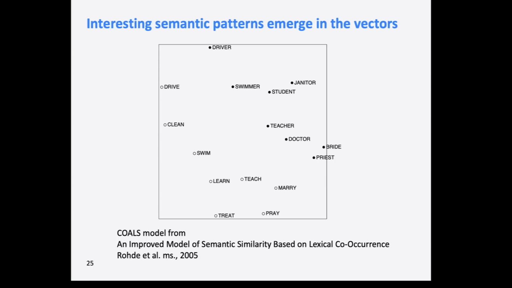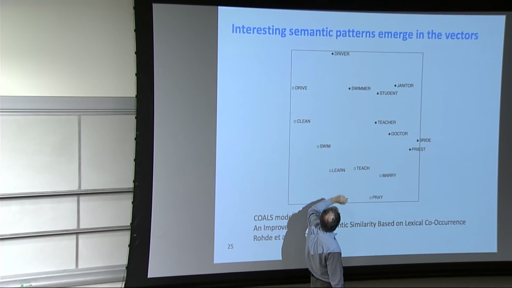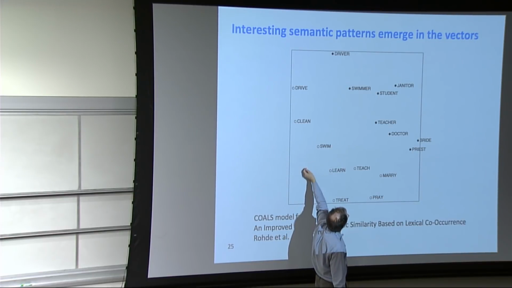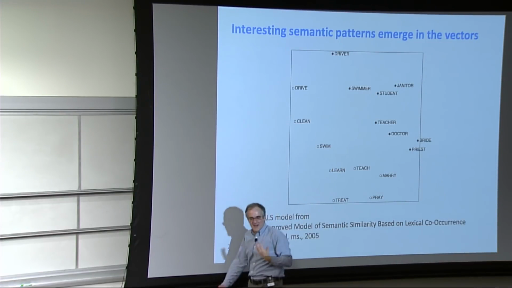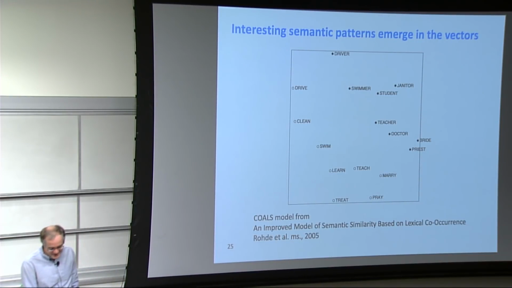So effectively, he had invented a vector space that would do well in analogies, because this means that you've got this direction, which is the doer, and then you can immediately say that's the doer vector, which you can get from subtracting clean from swimmer, and clean from janitor, and then we can add it onto swim, and we'll get somewhere close to swimmer. So his space actually did do that.